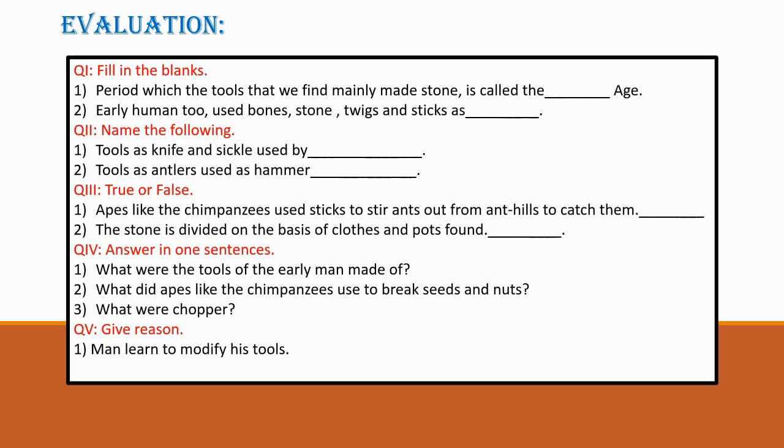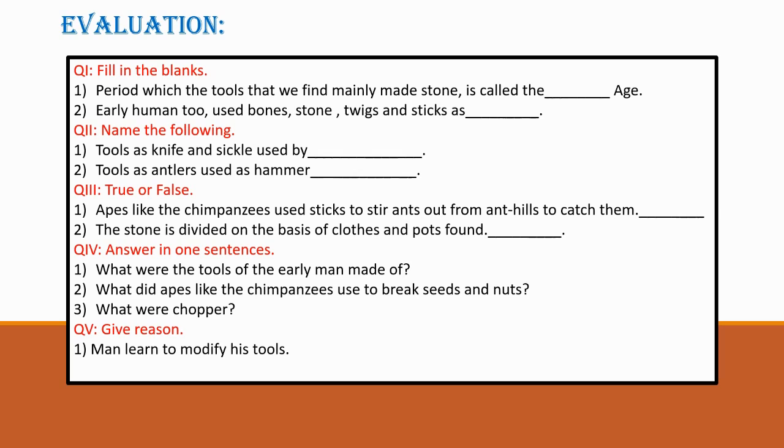Now answer in one sentence. What were the tools of the early men made of? So answer is the tools of the early men were made of bones, stones, dried twigs and sticks, etc. Second, what did apes like the chimpanzee use to break seeds and nuts?